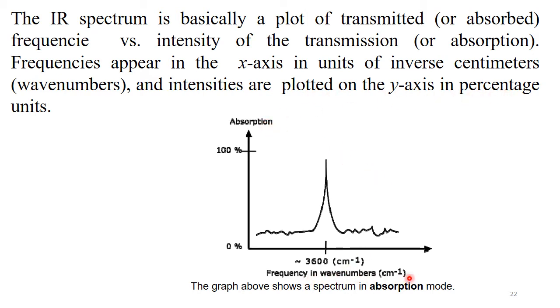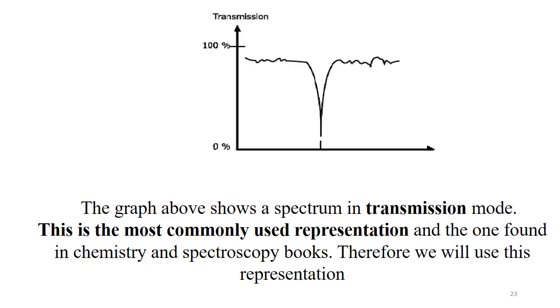As frequencies, wave numbers can be shown like this, with the absorption on the y-axis. The graph above shows a spectrum in absorption mode. The graph above shows a spectrum in transmission mode. This is the most commonly used representation and the one found in chemistry and spectroscopy books. Therefore, we will use this representation, which is also known as transmission mode.